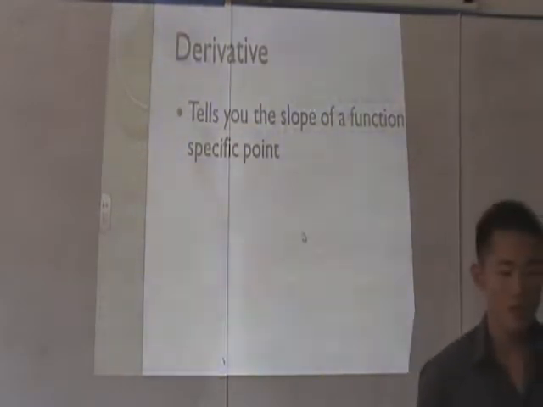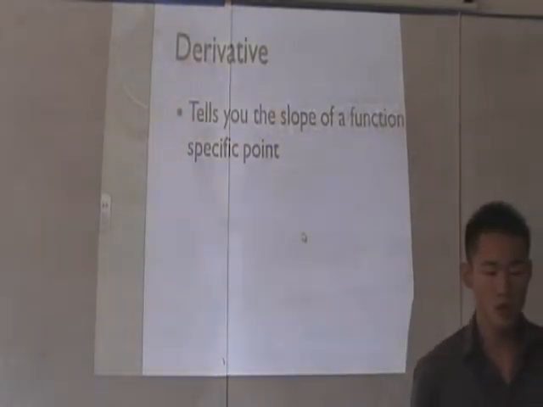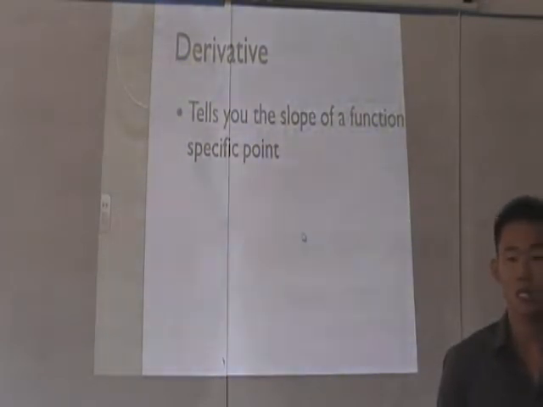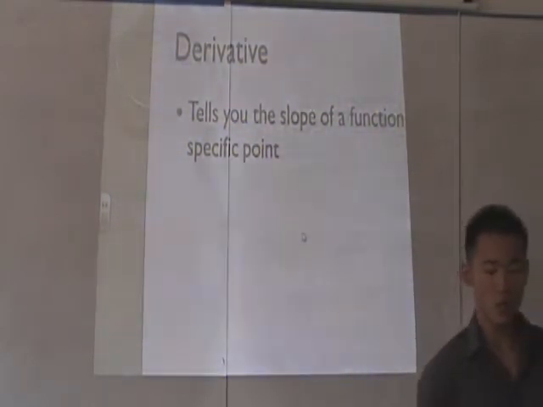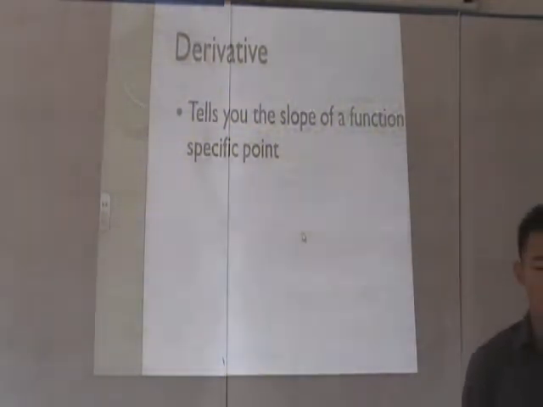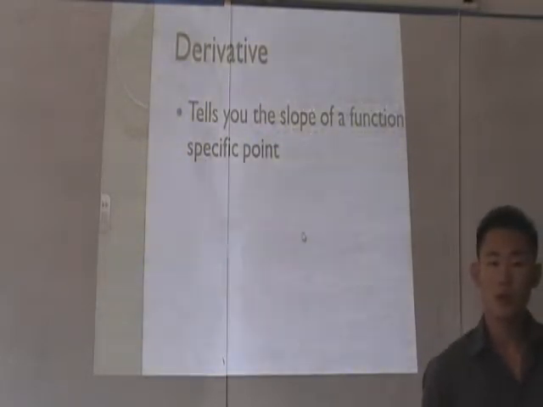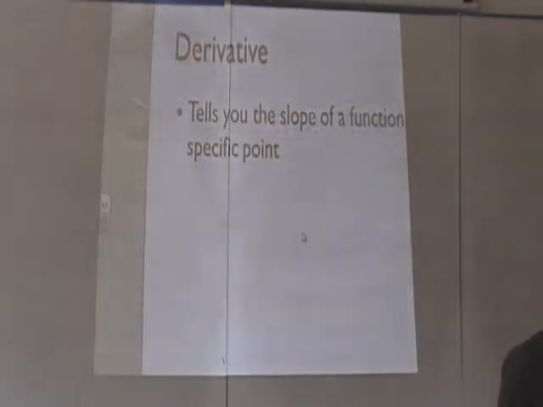The derivative basically tells you the slope of a function at a specific point. That's what a derivative is. It tells you the slope of a function at a particular point. And that's actually what we've been doing in section 2.4 or whatever section it was.